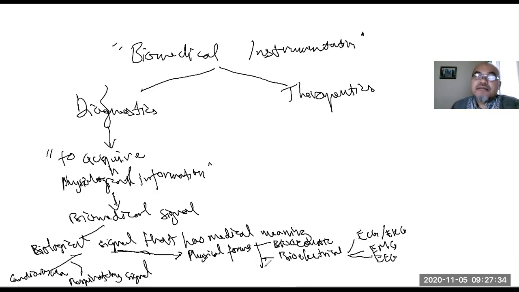So bioacoustical, bioelectrical, then we also have biomagnetic. For example, MRI is basically imaging the biomagnetic signal from our body, capturing the magnetic field.